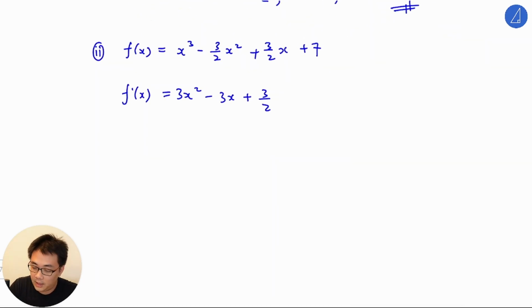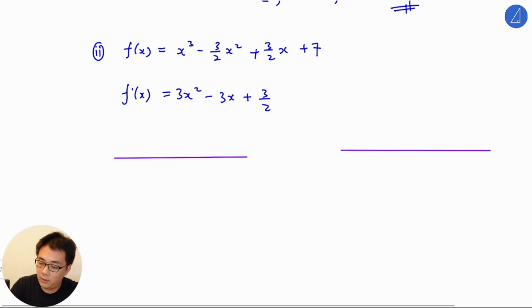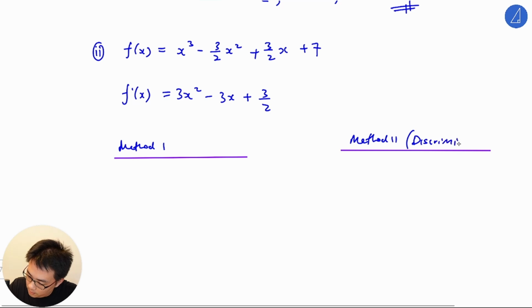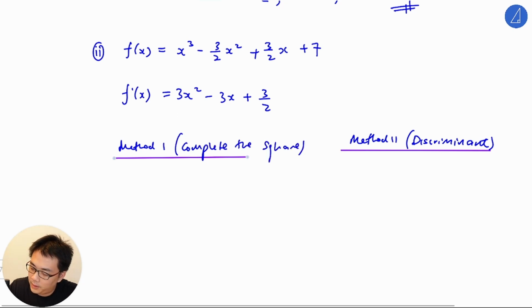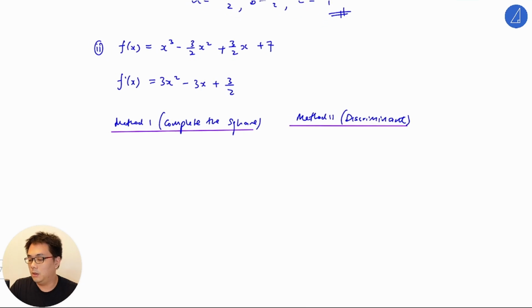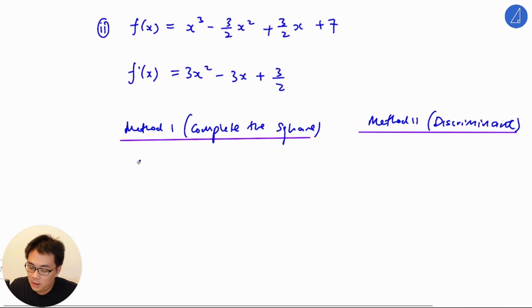There are two methods here. I think I prefer completing the square. You just want to show that this is always positive. The other one is you can use discriminant. Method 1. Method 2. Complete the square. Okay. Complete the square is more rigorous, I will feel. That's how we do f prime x.